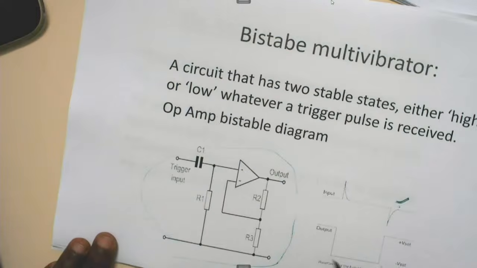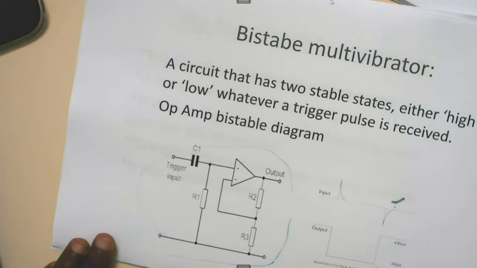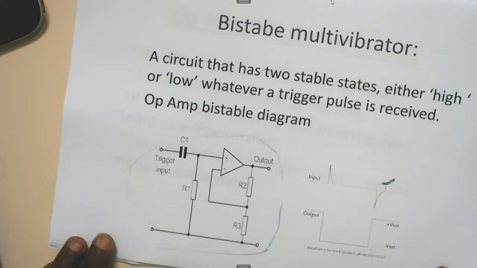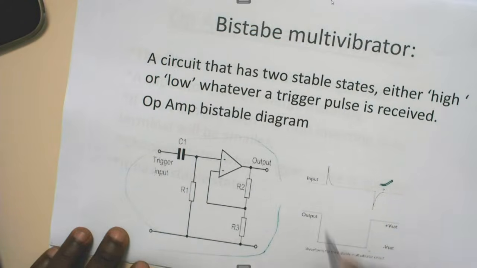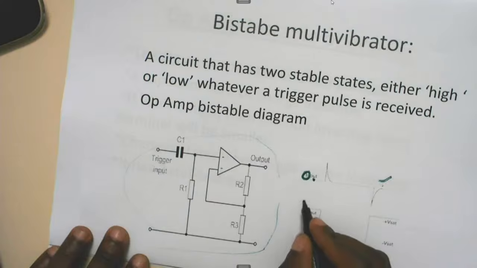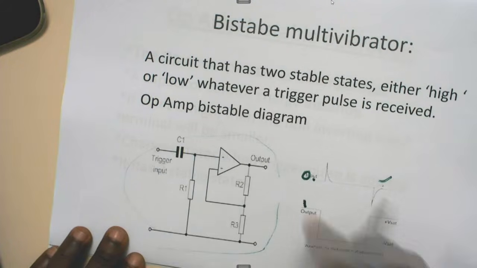If you look at the output here, it is an inverting output, because the output starts high while the input starts low. Normally if we go back to the logic, we'll say this is 0 because it's low, then this is high, it will be 1. So if the input and the output are opposite, normally we refer to that as inverting.